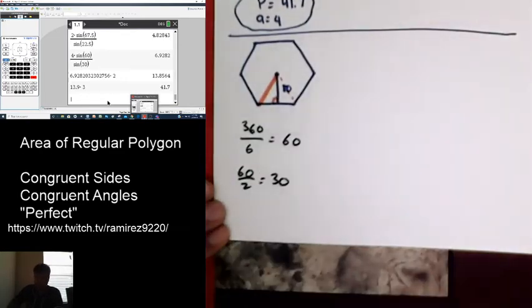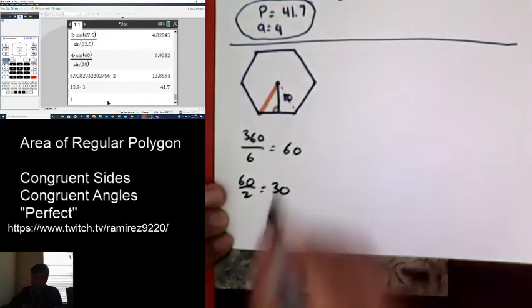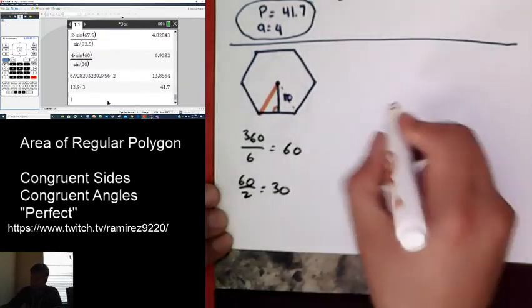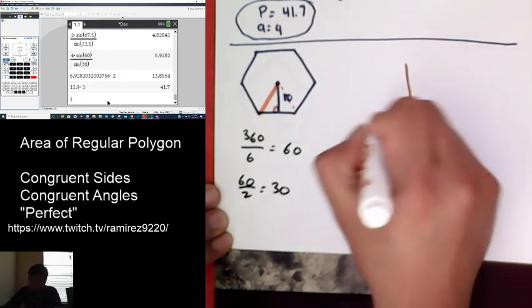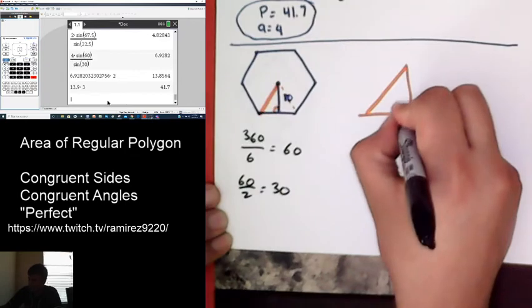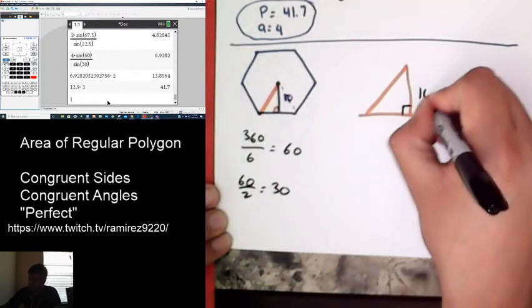So when I'm working with my right triangle, let me make sure we're all looking at the same thing. I know that my apothem was 10.